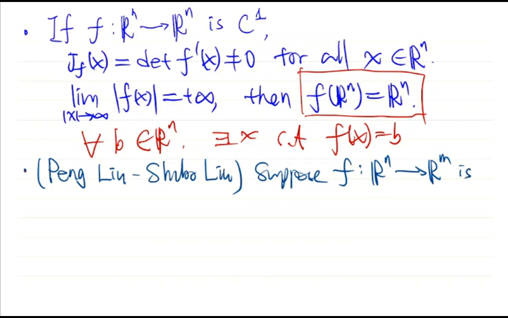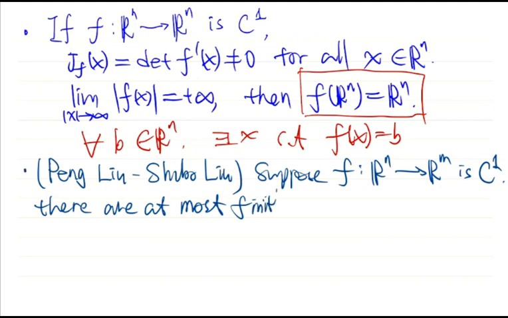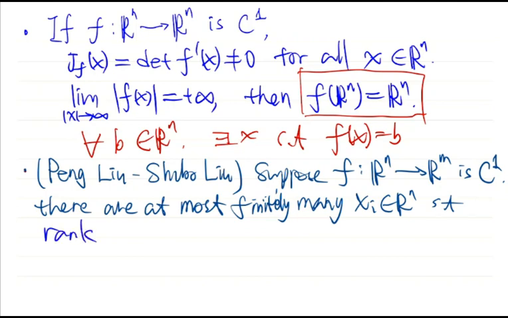Of course, this map needs to be C^1, and there are at most finitely many x_i in R^n such that the rank of the Jacobian matrix at this point x_i is less than m.